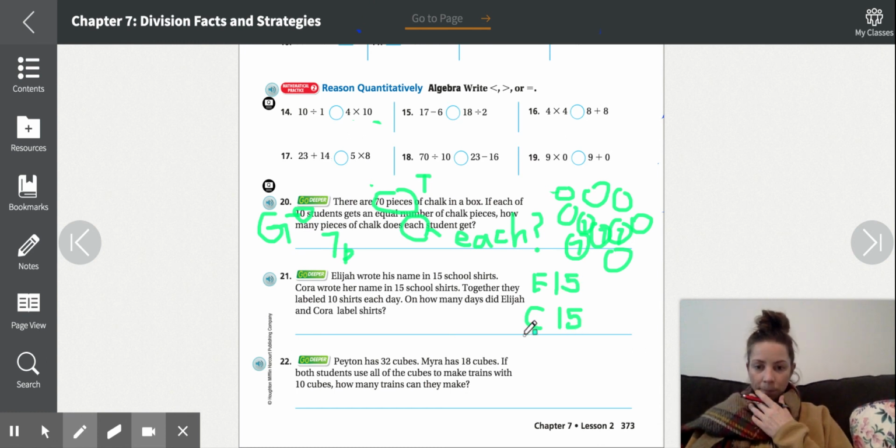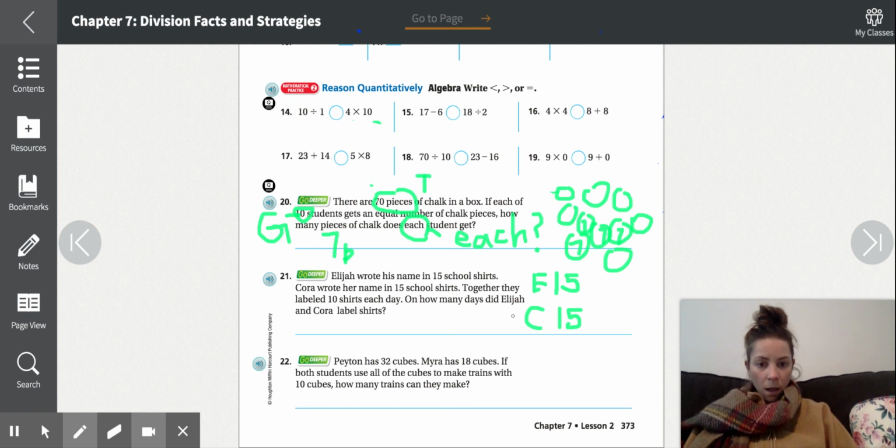Let's see. Looks like, all right, so I'm going to see here. If I first need to figure out what their total is altogether, that would be 30 shirts.